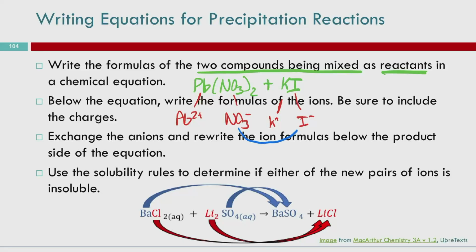We can then swap the anions and rewrite them so that we're only checking the ones that we didn't have before. This is to make sure we're not looking at the same compounds from earlier. K with NO3 minus.